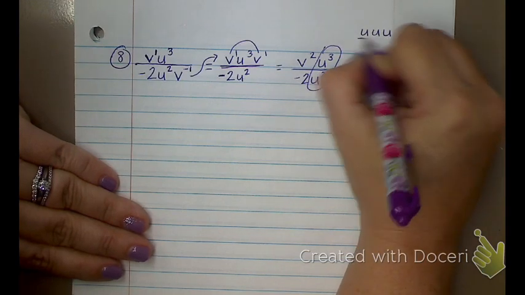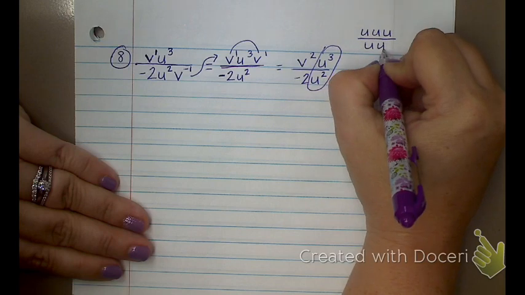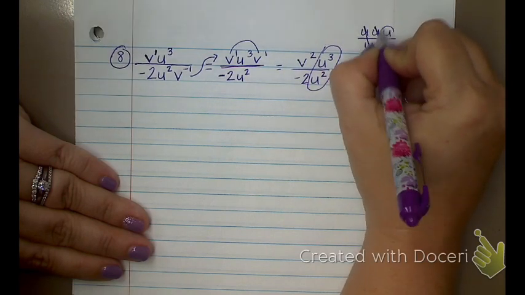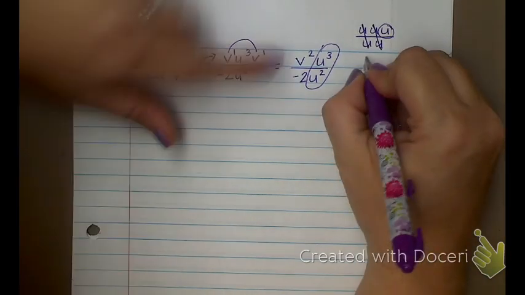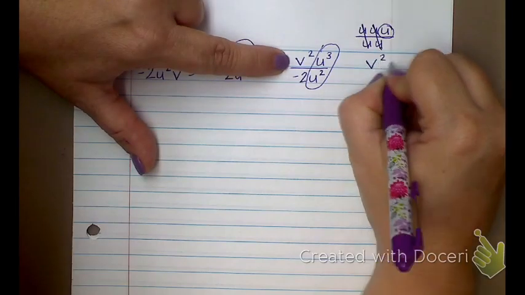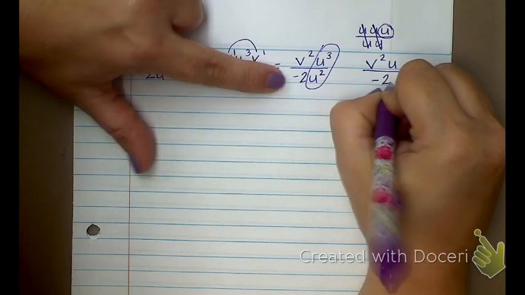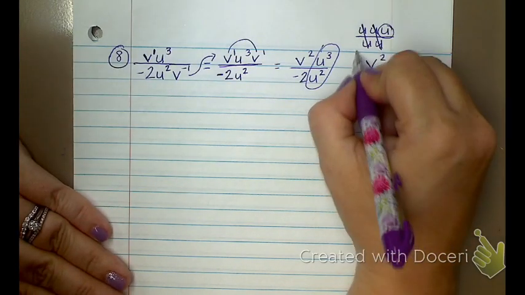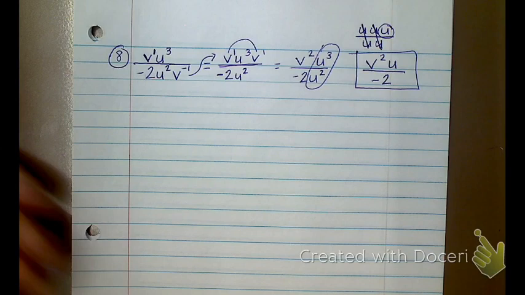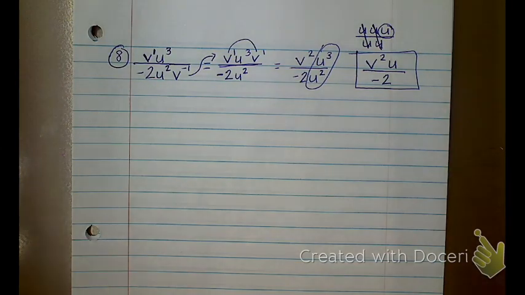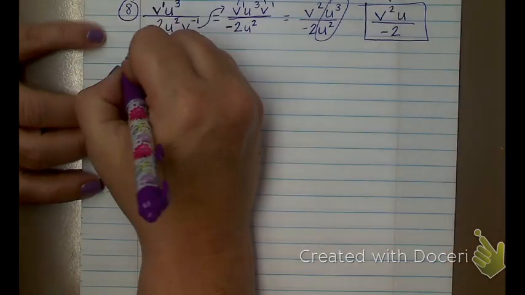You have 3 U's on top, 2 U's on the bottom. That leaves you with 1 left on top. So that's going to give me V squared, 1U, over -2, and no U's left on the bottom because they all canceled out. Okay? All right, last one.